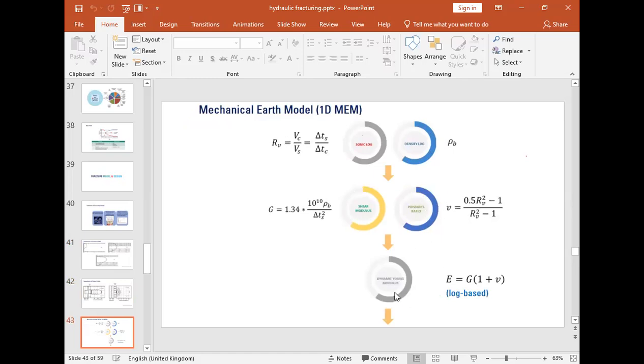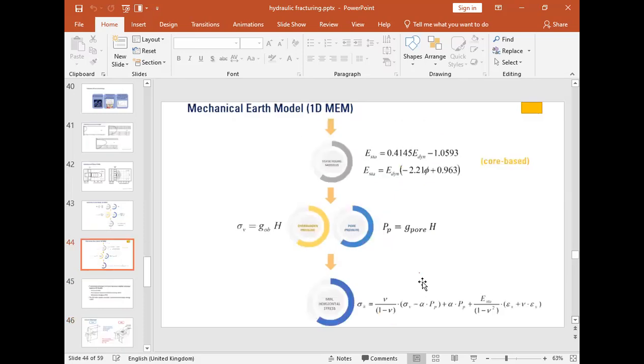From that, we can get the dynamic Young modulus, and from the dynamic Young modulus, we can get the static Young modulus. From the static Young modulus, we can get the overburden pressure. Then we can get the pore pressure. Then from all of this, we can now calculate the minimum horizontal stress, which is generally our closure stress.